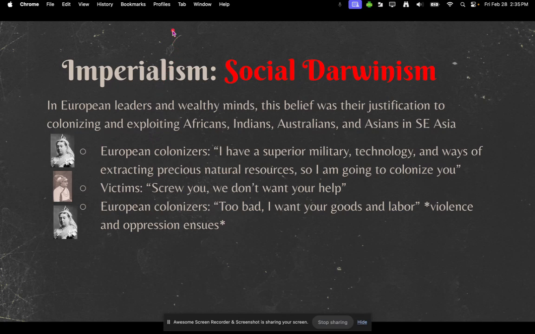So here's kind of my little example about social Darwinism. Now, I don't know if this actually happened or not, but I try to think of examples because sometimes things are hard to comprehend. So, in European leaders and wealthy minds, this belief was their justification for colonizing and exploiting Africans, Indians, Australians, and Asians in Southeast Asia. So, let's pretend we have Queen Victoria, and she's like, I have a superior military, technology, and ways of extracting precious natural resources, and I'm going to colonize you, India.